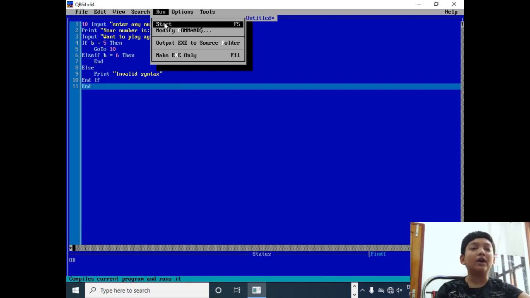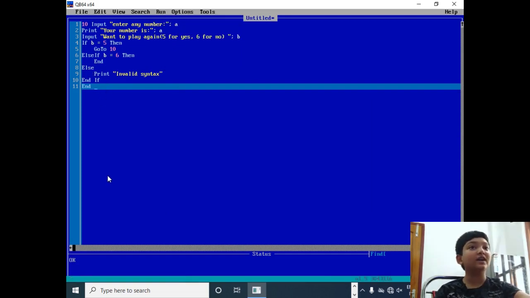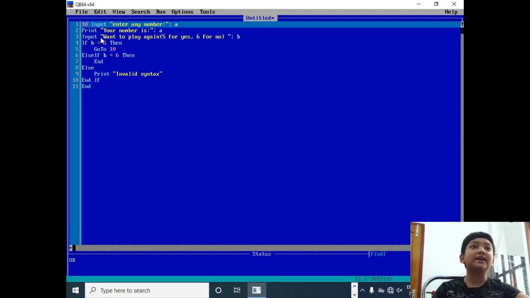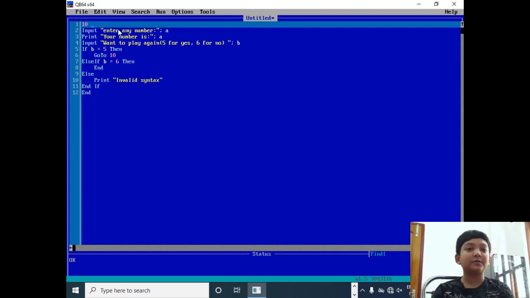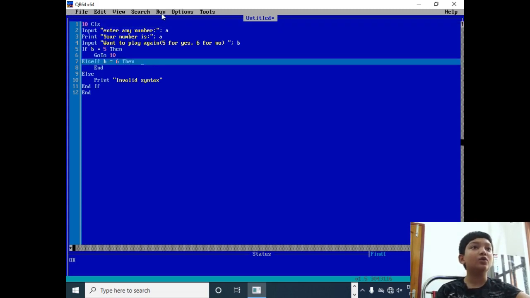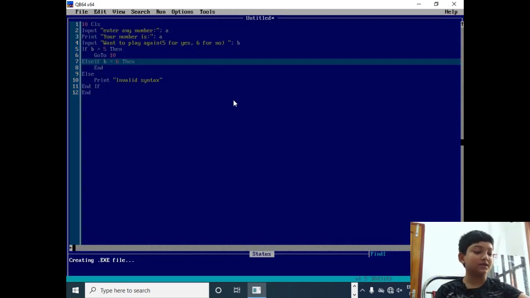Now what I want is that it prints again, going to line 10. Now let us use which statement? CLS. Let us use the CLS statement, and now let's run and see what happens.